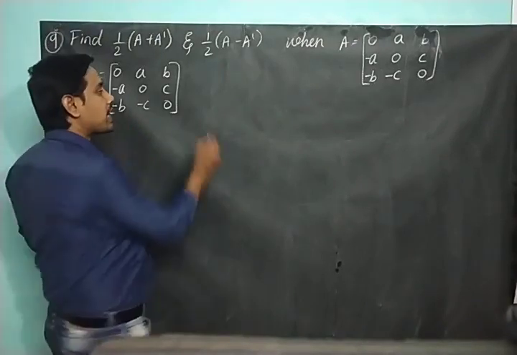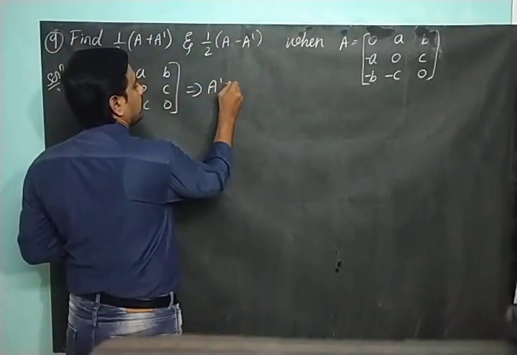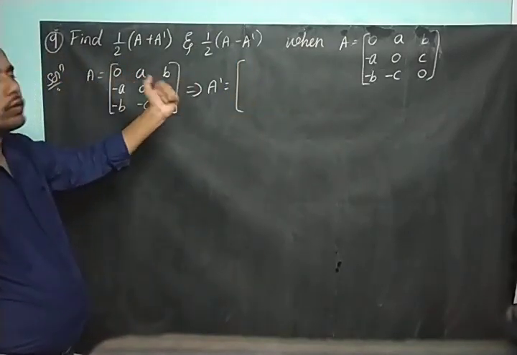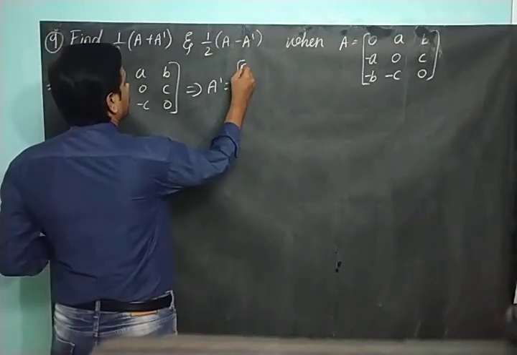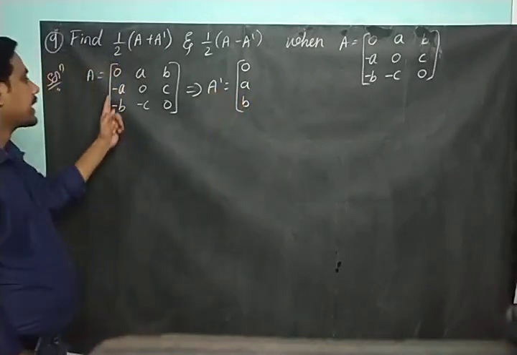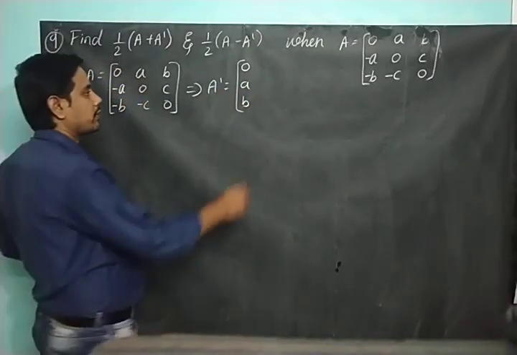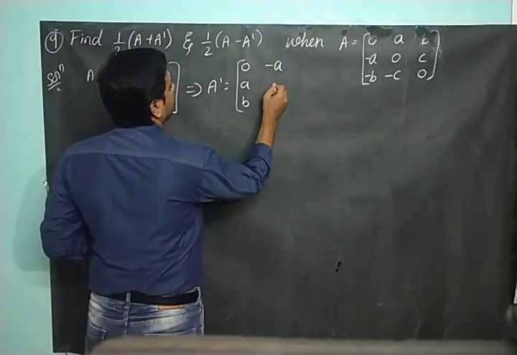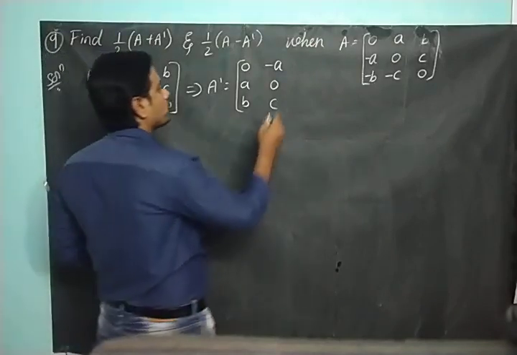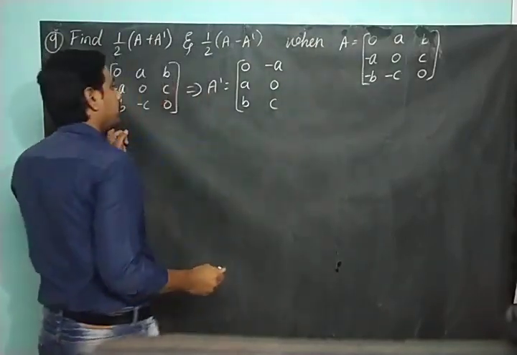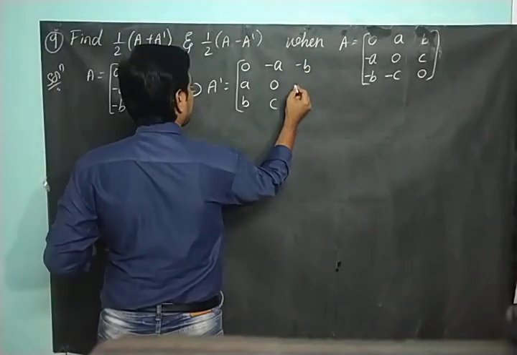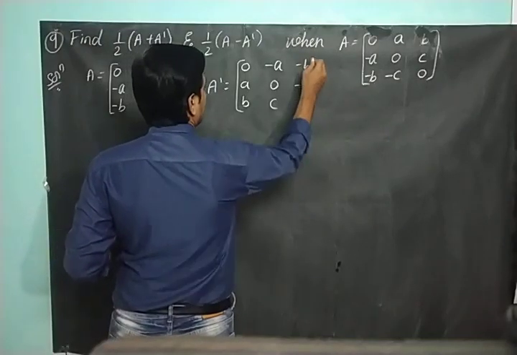So what will be its A dash? A dash means writing rows as columns or columns as rows. So the first row 0 A B is written as the first column. The second row is minus A 0 C, so it will be minus A 0 C. And the third row will be minus B minus C 0.